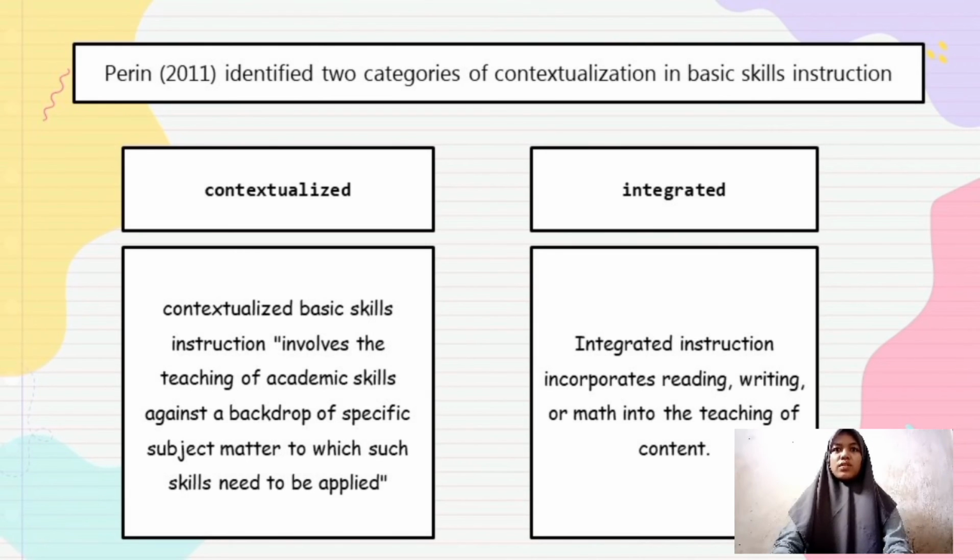This includes integration of academic skills with job skills or occupational education, or with context-based curriculum in secondary school. The context is relevant to a particular program of study or to a subject and is not defined by the learner.